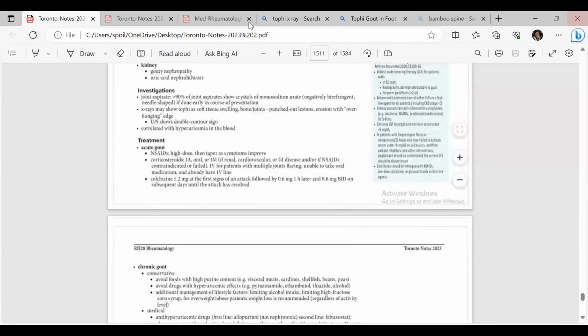So what's tophi? There it is. This shows punched out lesions, erosions with overhanging edge. Ultrasound shows double contour sign correlated with hyperuricemia in blood.